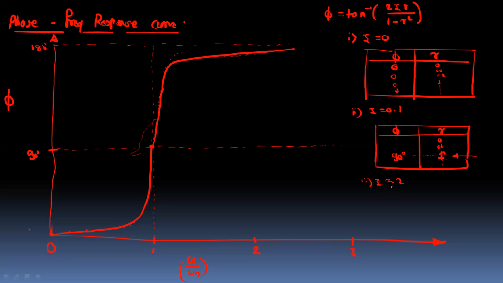Now, if you change the value of zeta to 0.2, then this is the nature of the graph.